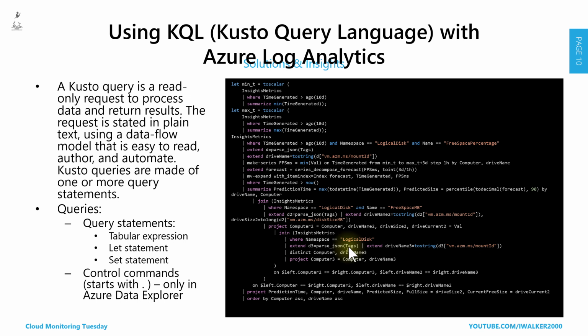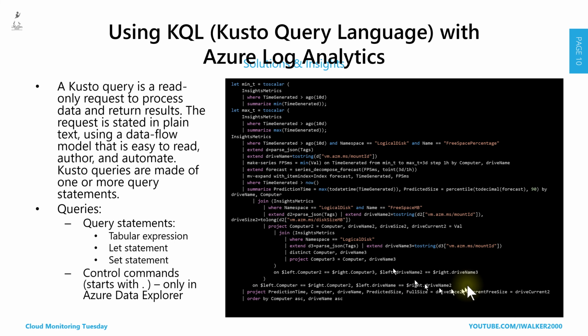We can take it also from the tag. Free space, yeah, when we take the logical disk, we can take it from the tag, like drive 3, to have it.